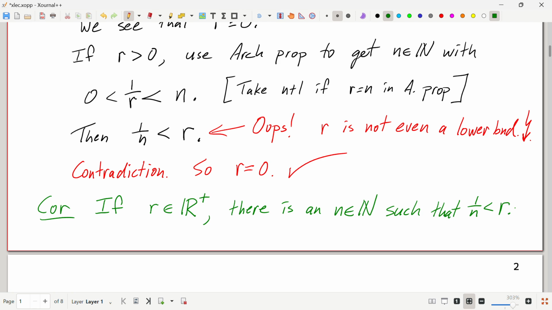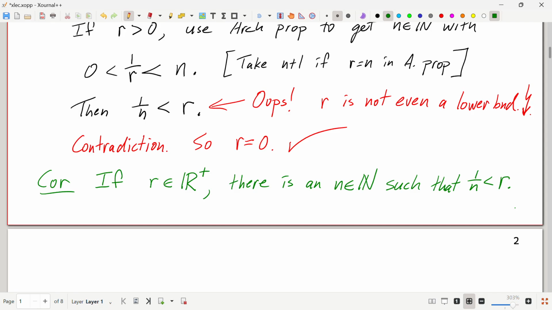It sounds very similar to the Archimedean property, and of course, it's equivalent. And in fact, I did this in the proof of the previous corollary. So nothing to add there.